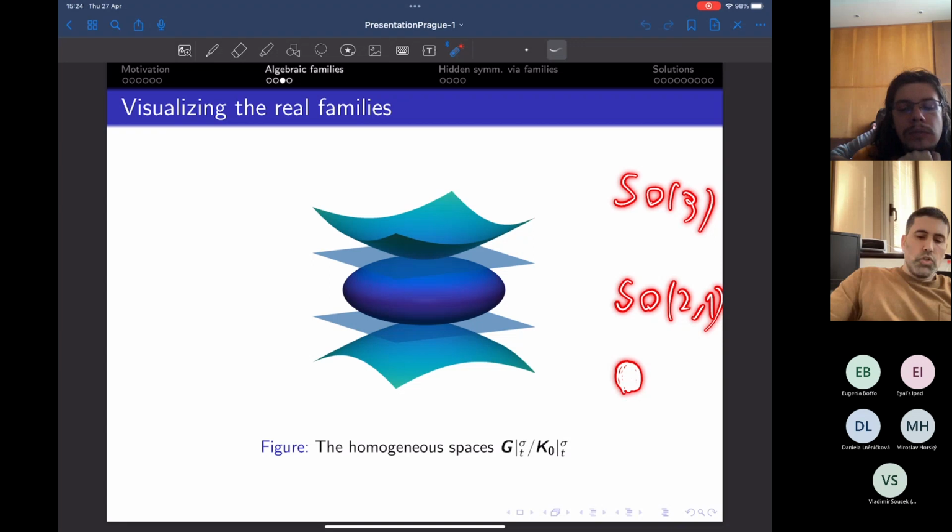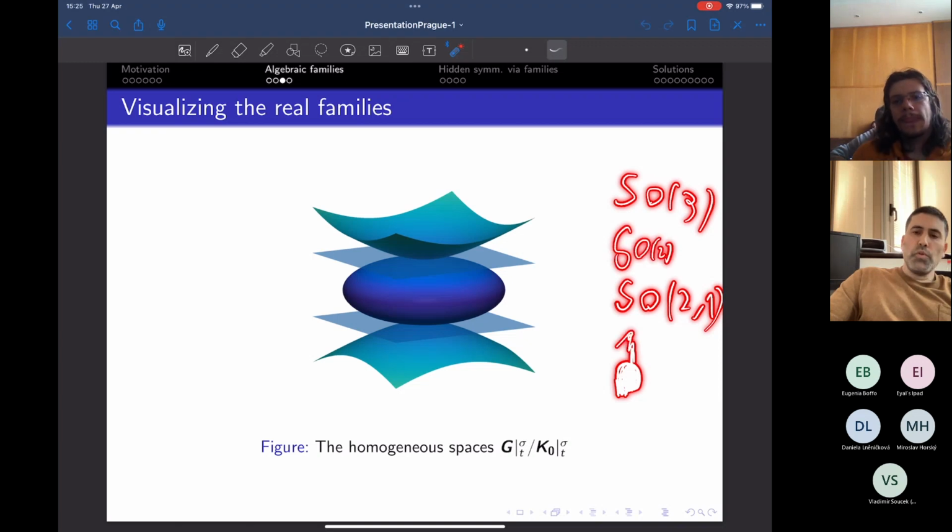So in this real case, we have a family of groups interpolating between SO3 and SO21, and they all contain SO2 as a subgroup.